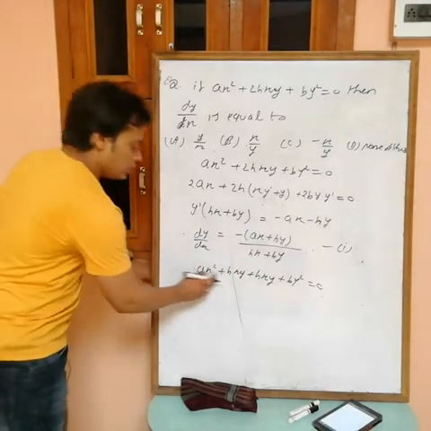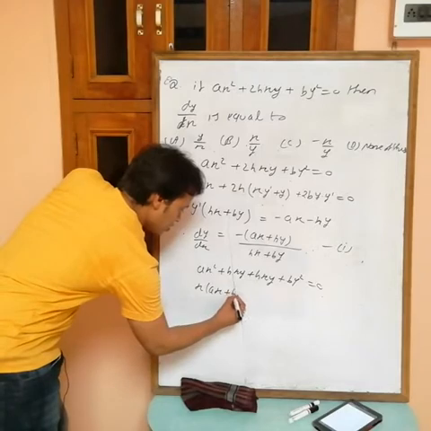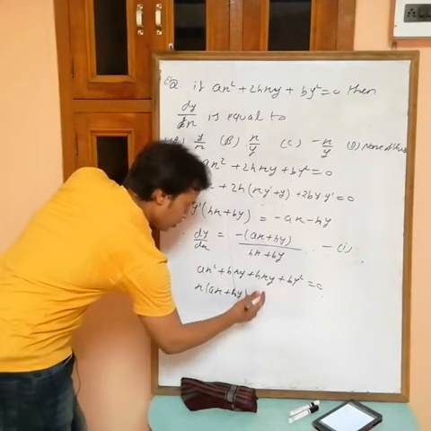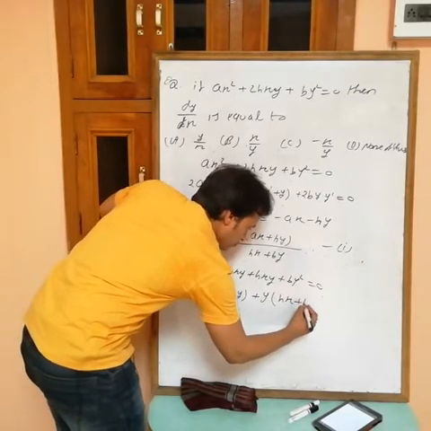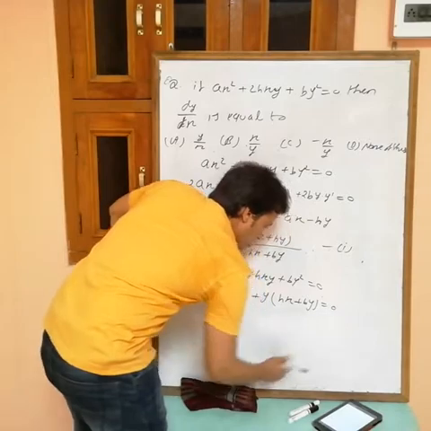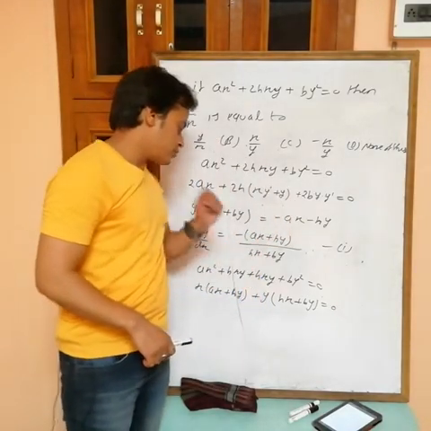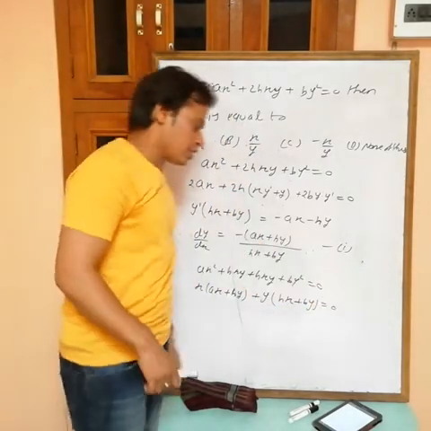Now see, in these two you can take common x, then what are we getting? Ax plus hy. Okay, in these two I can take common y, then what are we getting? Hx plus by equals to 0. Okay, what do you want? Ax plus hy by hx plus by. Okay, now write this part on this side.